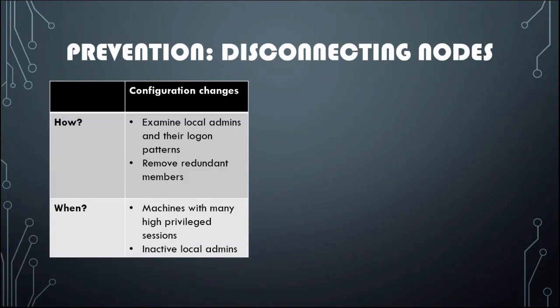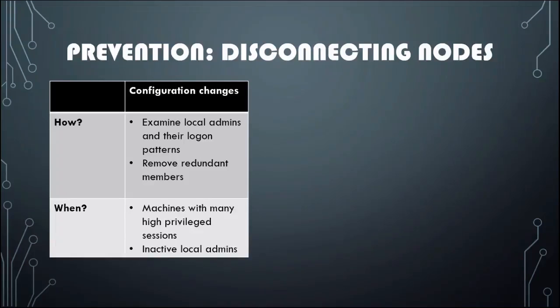All right, so now that we found the most vulnerable nodes, the question is, how can we disconnect them from the attack graph? Well, the first thing that we can do is perform configuration changes on the vulnerable computers. We need to examine the local admins on those vulnerable computers and their logon patterns and remove any redundant members.